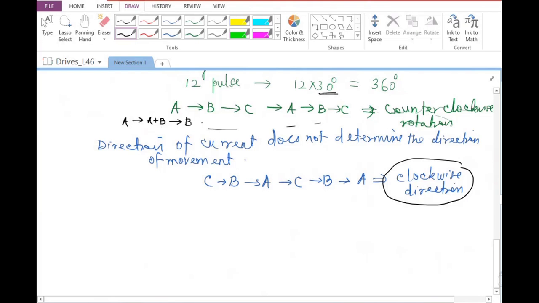Then I fire B, then B plus C, then C, then C plus A, and so on. If this is repeated, then instead of 30°, we would actually get a step angle of 15 degrees.